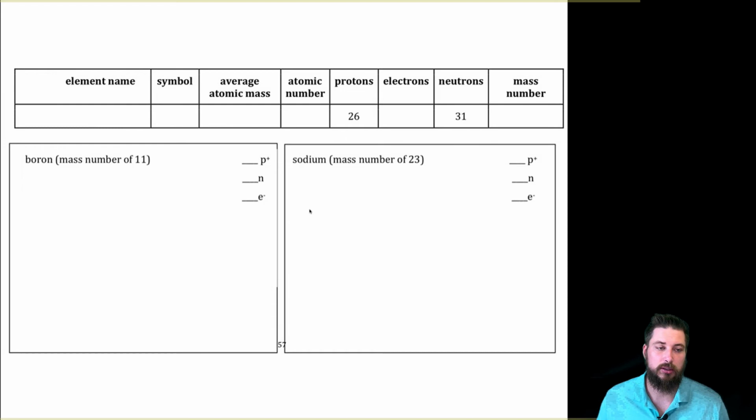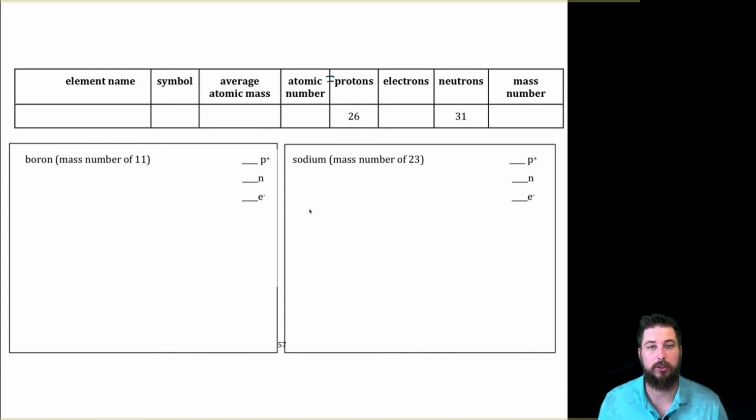If you take a look at the top table there, we need to fill out this information. We will need the periodic table for this, but we can fill out some things without looking at it. It turns out that the atomic number is equal to the number of protons.